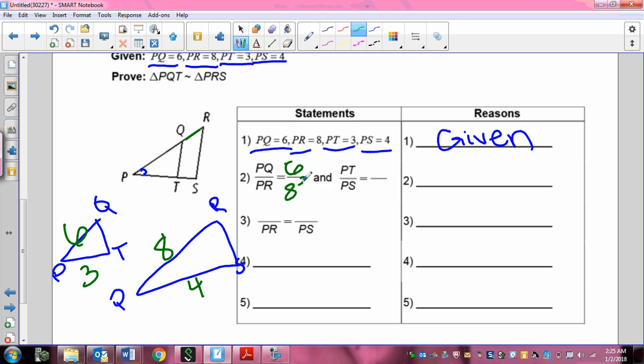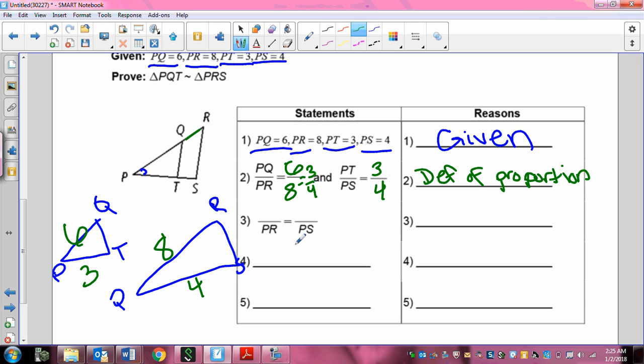You can use your calculator, plug it in, then press enter, and then math, enter, enter, and that should give you 3/4. P to T is 3, and P to S is 4. Good. So 3/4 is equal to 3/4, and this is the definition of proportion. That's what we set up, a proportion.